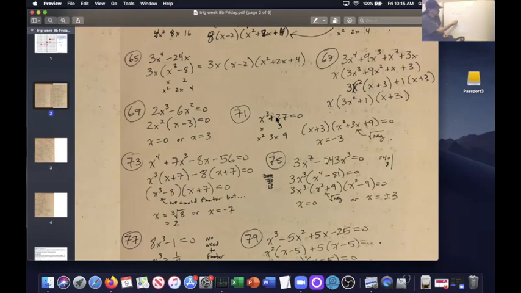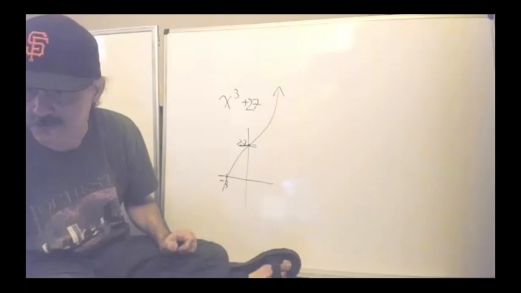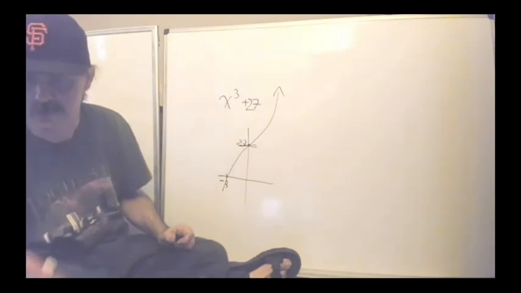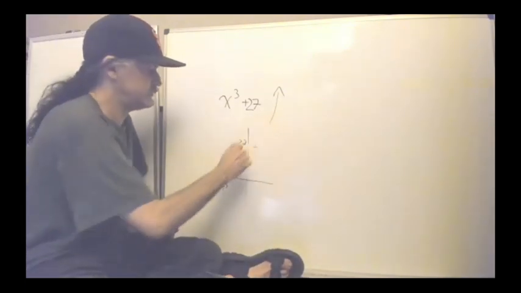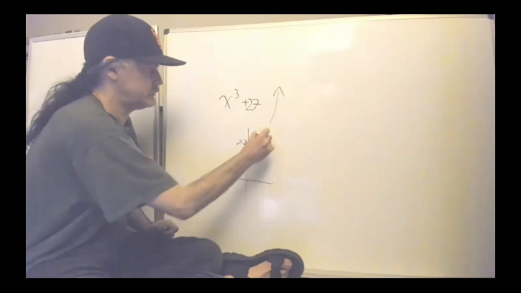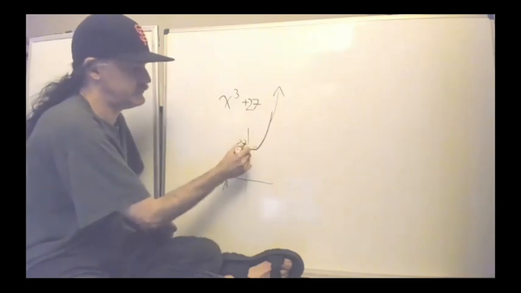Right? So that means right here at the y-intercept is where we get that to happen. And since there's only one x-intercept, it can't come back down and touch the bottom of the graph. Right? So what it probably does is something like this, right there at 27.